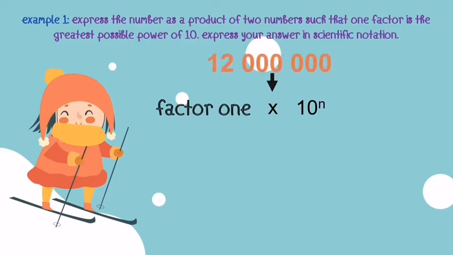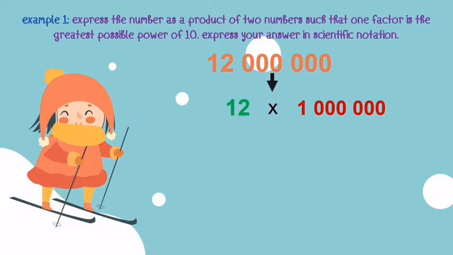Wow, a very big number. What will you do with your 12 million? Okay, first, what are the possible factors of 12 million? We may answer as 12 times 1 million, right? Because 12 times 1 million is equal to 12 million.